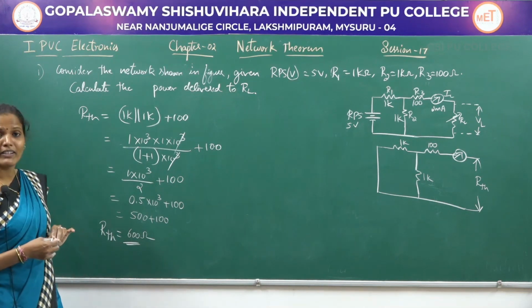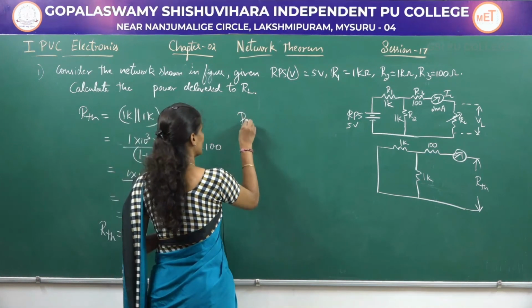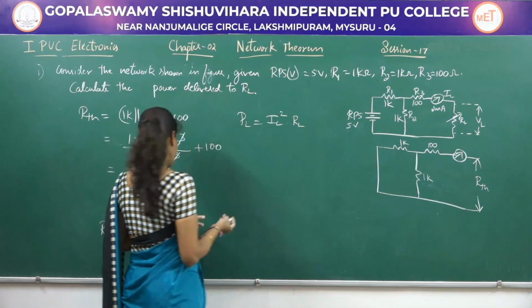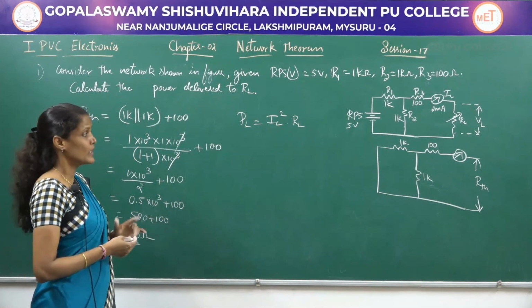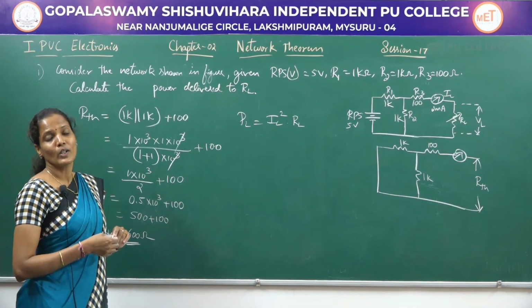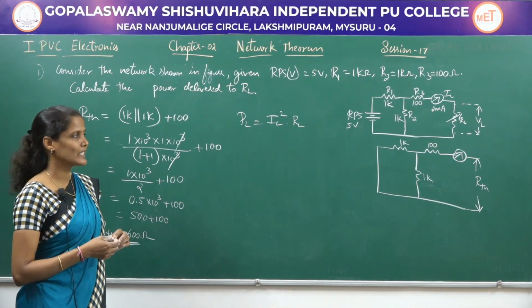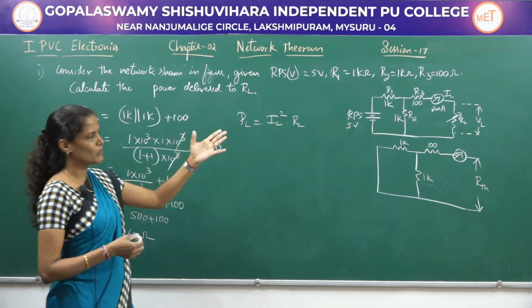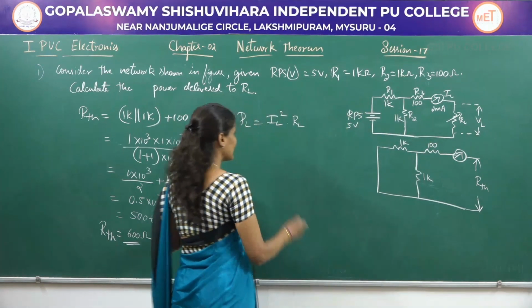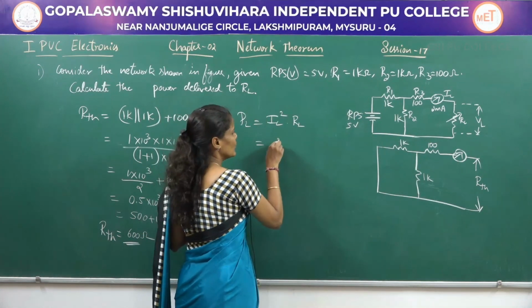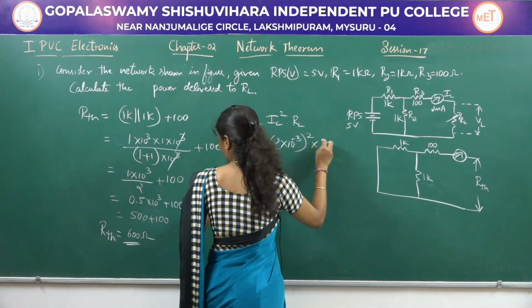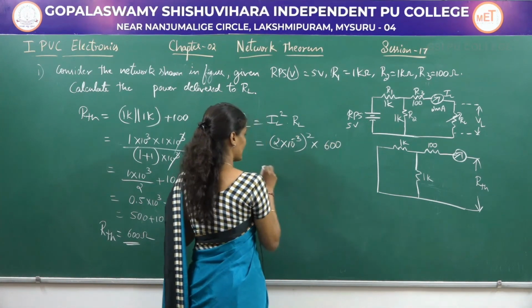So, calculate the power delivered to the load, that is nothing but PL equals IL square into RL, where RL is nothing but R Thevenin itself. To calculate IL square, we are going to use V Thevenin divided by R Thevenin plus RL. But here in this problem they have mentioned IL value as 2 milliamps directly. So, let us use that value, 2 milli in the sense 2 into 10 to the power of minus 3 whole square into RL value, which is 600.